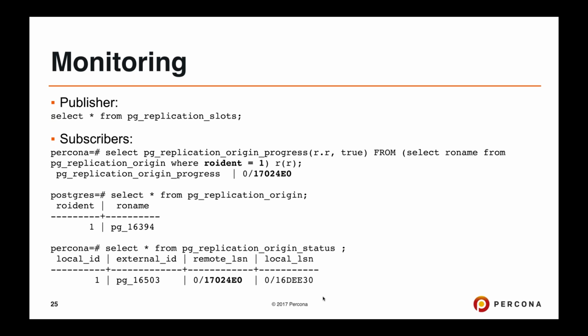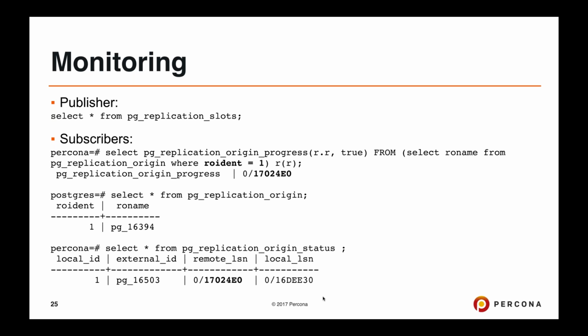Unfortunately, there is no way to have a more explicit name for the origin server. But if you have a few of them, you can track them each time you add one.